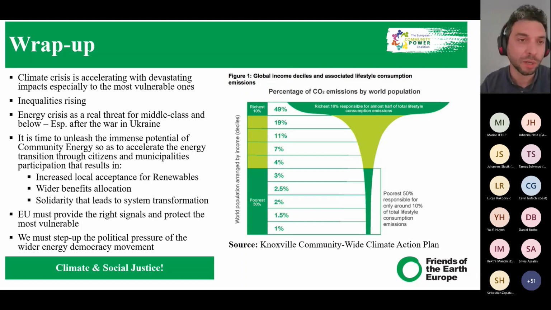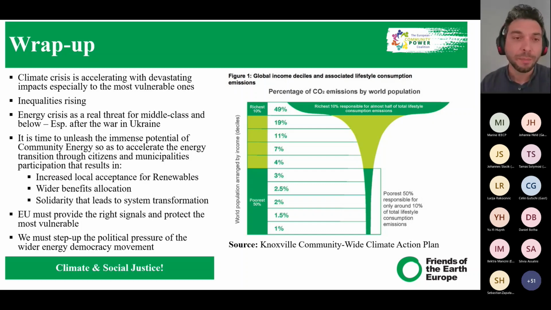The energy crisis poses a real threat at the moment, not, as we traditionally assumed, only for low-income households, but right now, due to the crisis, and especially after the war in Ukraine, we are talking about a direct risk of impoverishment also for the middle class, which is something more new.